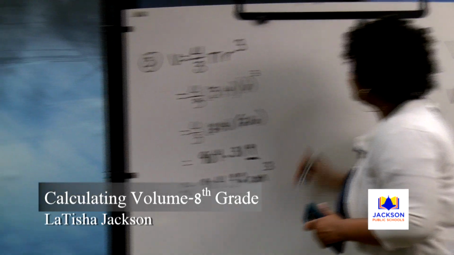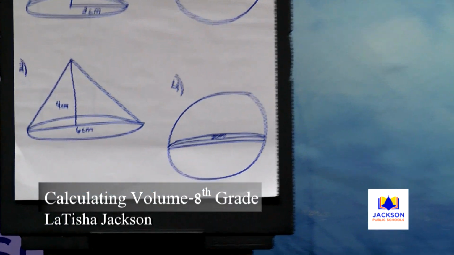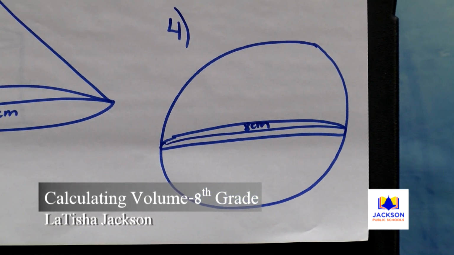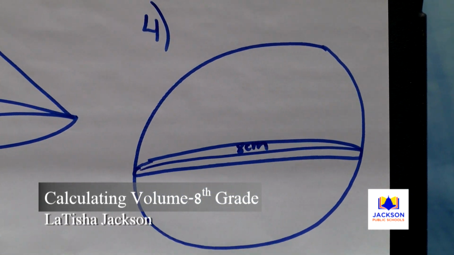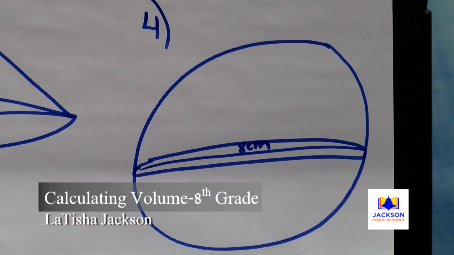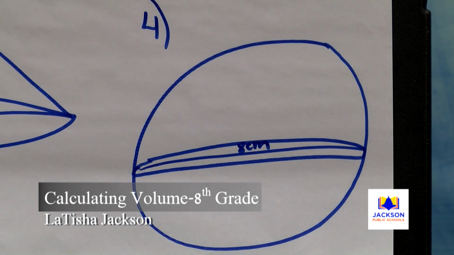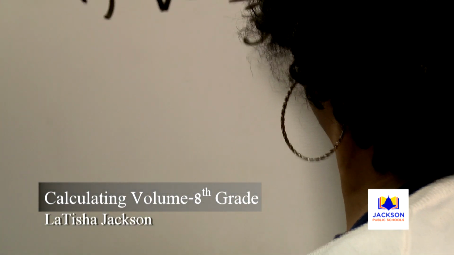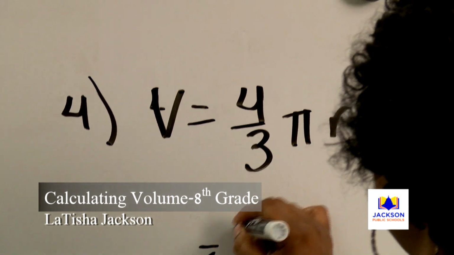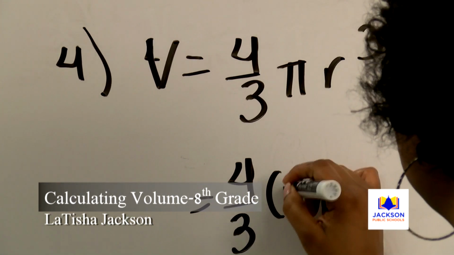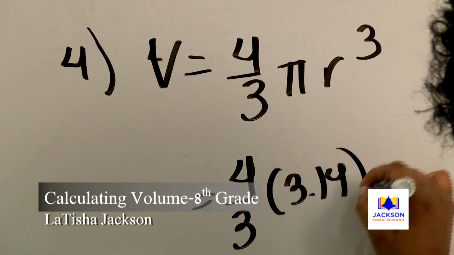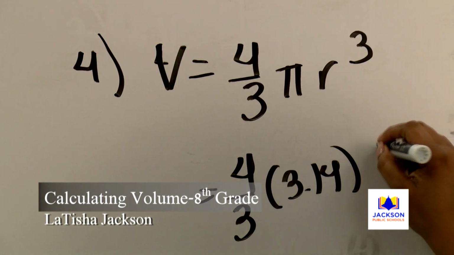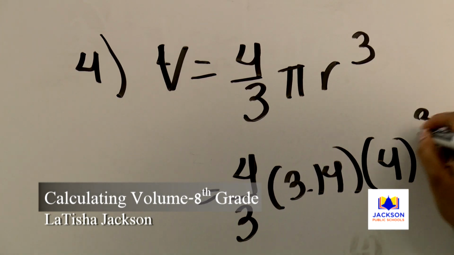Number 4. So you look back at this sphere and we don't have the radius anymore, we have the diameter. So if the diameter is 8, the radius is, right, it's 4. So V equals 4/3 pi radius cubed. So 4/3, we substitute 3.14 in for pi, and my radius is 4 cubed.